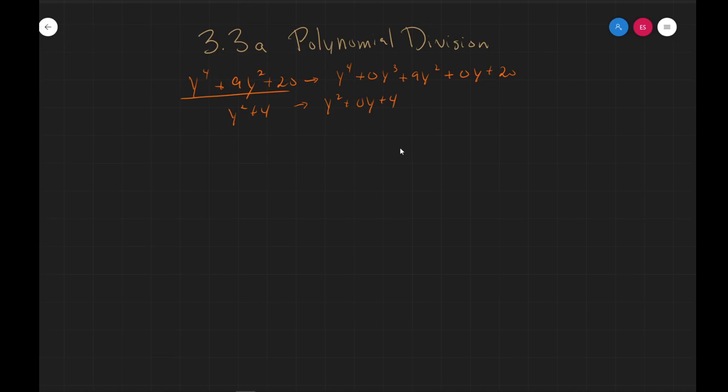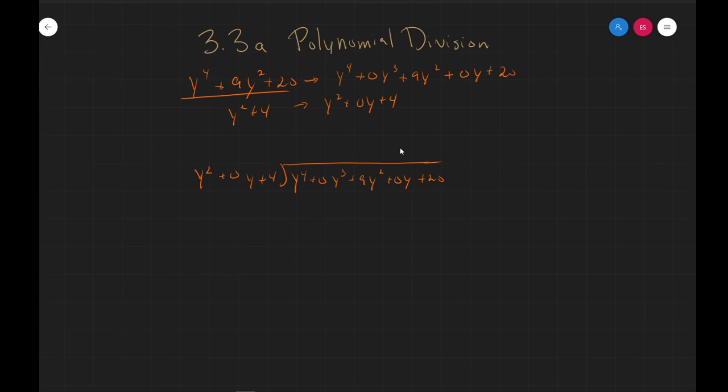Okay? So now we set up our division problem where we have y squared plus 0y plus 4 divided into y to the fourth plus 0y cubed plus 9y squared plus 0y plus 20. The rules don't change.